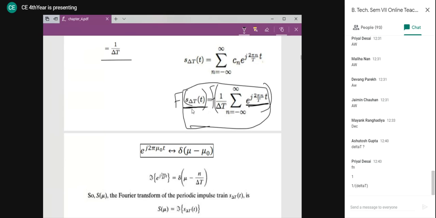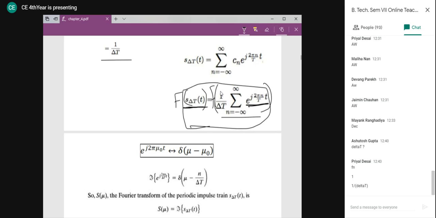If not, please ask me your doubts. My aim is to find the Fourier transform of this, which is the Fourier transform of this representation, because both representations are equivalent.